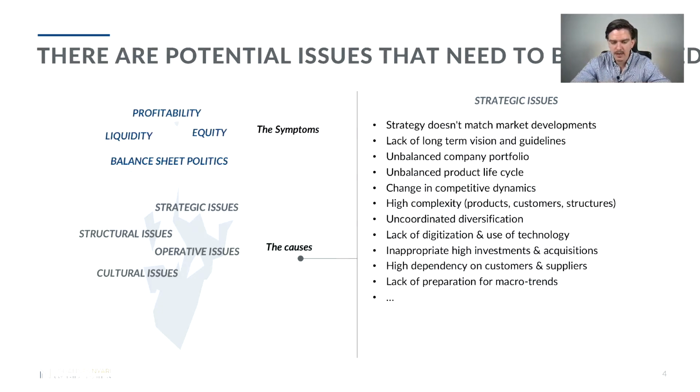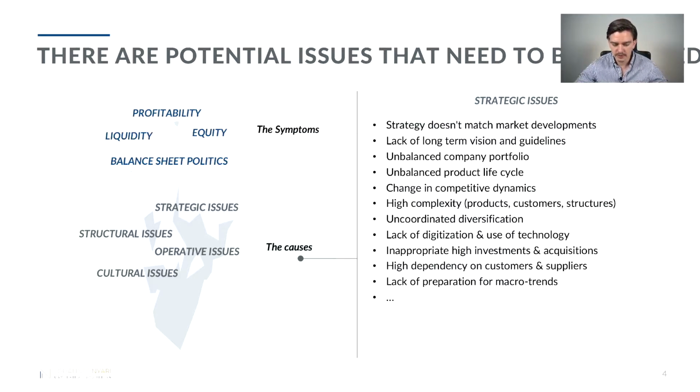Maybe you have high complexity within your company. So you have a complex product portfolio, you have too complex customer structures, which means that you don't have a few customers that are easy to handle and bring most of the revenue, but that you have a large and diversified customer base, which makes the entire sales process very inefficient.